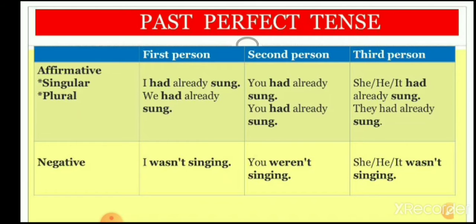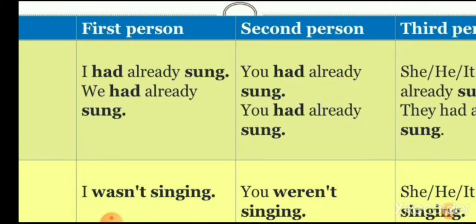So for sing, it is sung, that is V3. I had already sung. So it is very important that you should know the past participle form of all verbs in order to express it in past perfect tense and in present perfect tense.